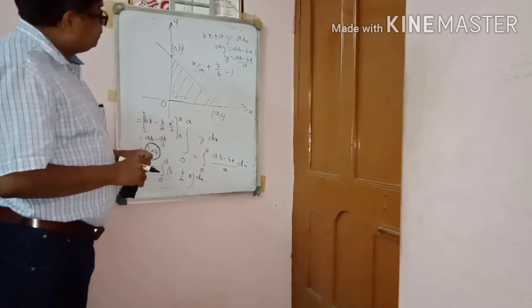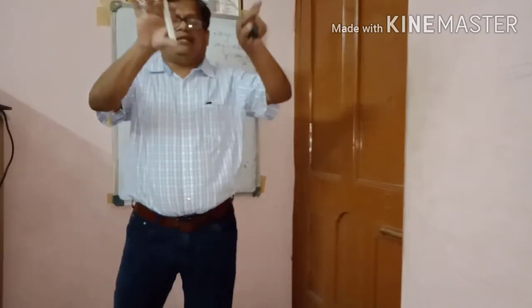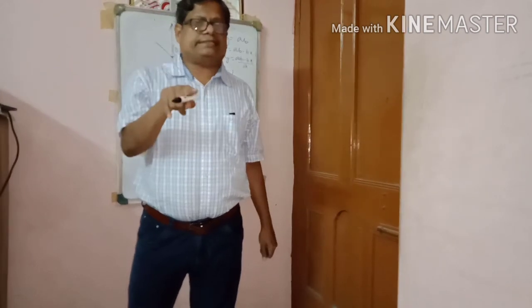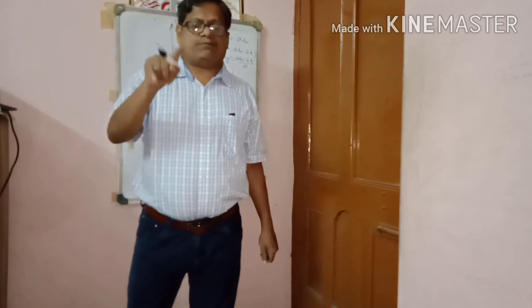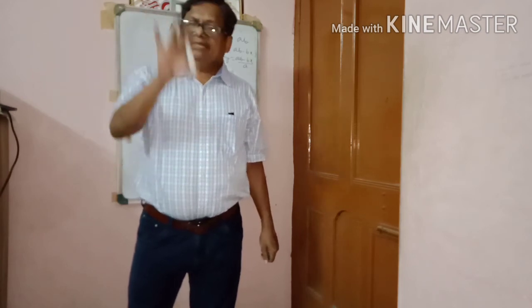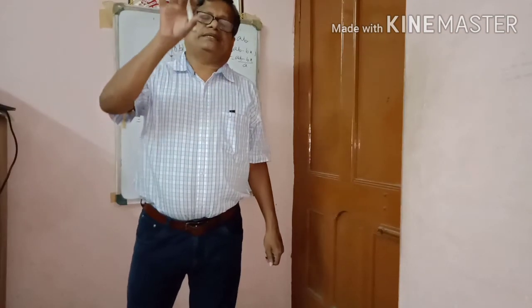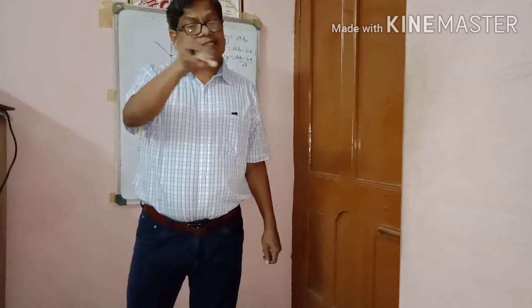Okay, with the help of integration. Keep in mind, if you take area along the x-axis, suppose integration a to b, y dx, y is a function of x. If you take area along the y-axis, then the area will be c to d, x dy.